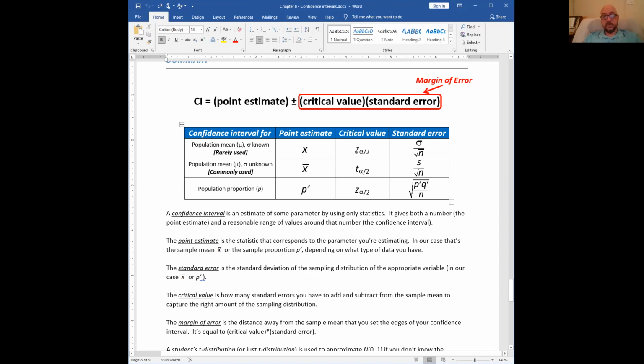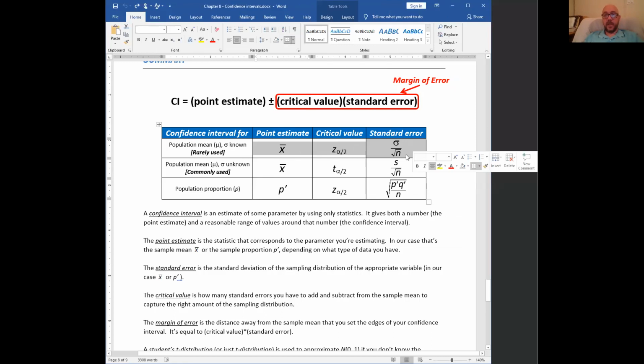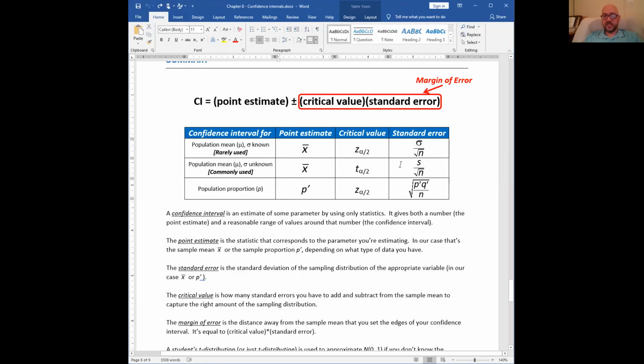We learned 3 different kinds of confidence intervals: one where we know what sigma is, one where we don't know what sigma is, and one for proportions. The one where we know sigma is very rare; it's not common that we end up using it. Almost always it's this one for quantitative data. For qualitative data, it's just always this.